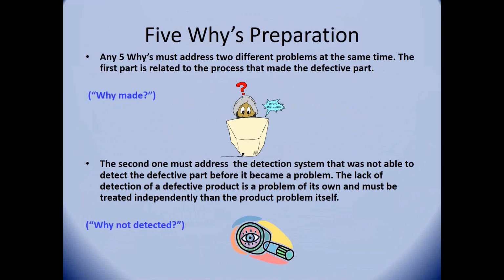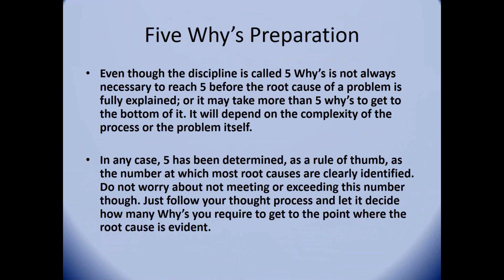So it says here the lack of detection of a defective product is a problem of its own and must be treated independently from the product problem itself. So just by knowing you have a defective product is not good enough. Why did it happen, and why didn't we detect it before it became a problem? It says even though the discipline is called 5 whys, it's not always necessary to reach 5 before the root cause of a problem is fully explained.